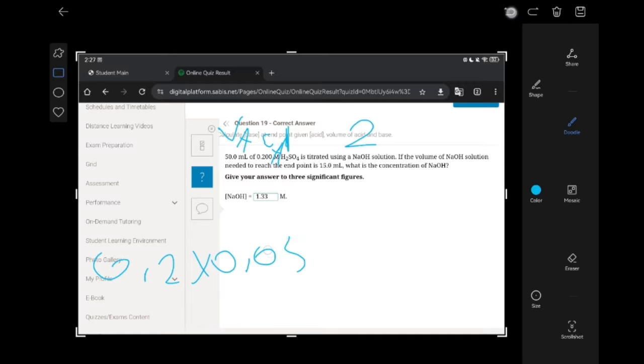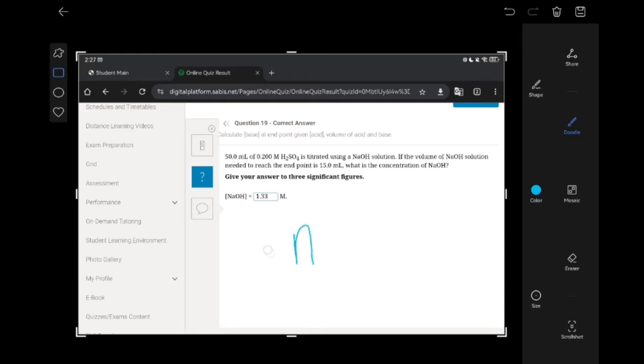Yeah, so we'll write here n of a equals 0.01, and now you have to do stoichiometry. So if 1 gives you 2, 0.01 gives you x. Cross multiply, x is 0.02. So n of the base equals 0.02.